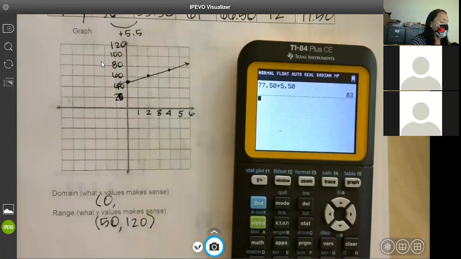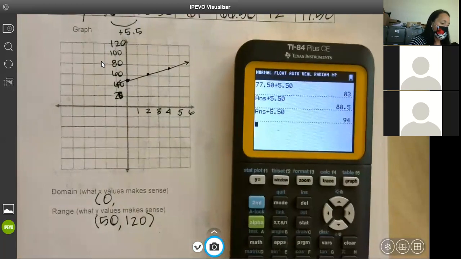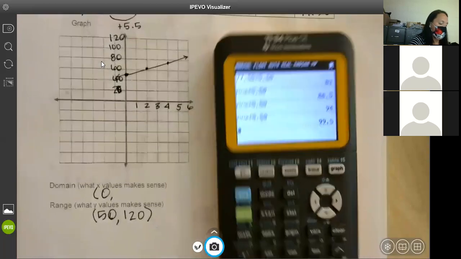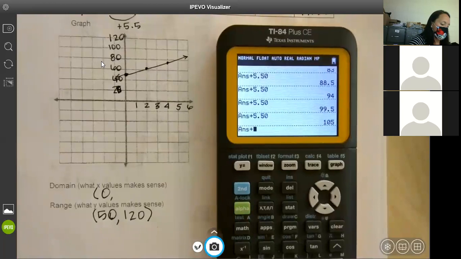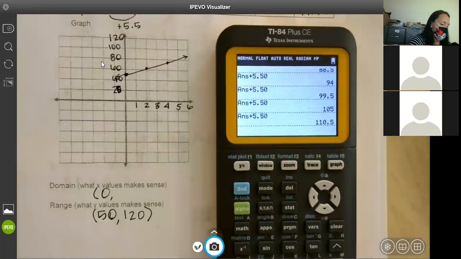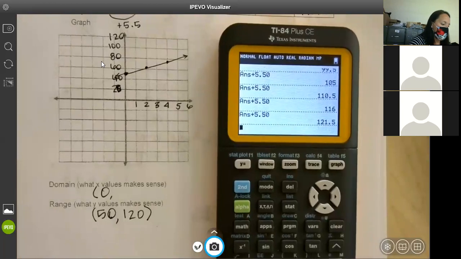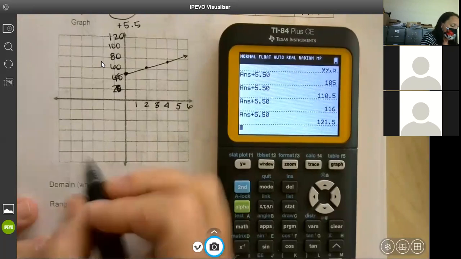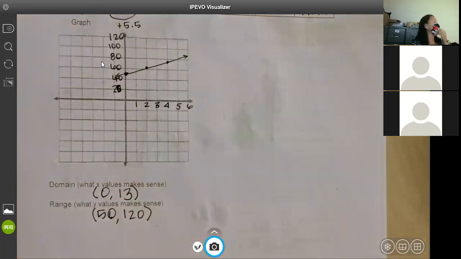This would be 6 hours, 7 hours, 8 hours, 9 hours, 10, 11, 12, 13. So how many hours would you have to work to get to 120? 13. She wouldn't want to work any more than that.